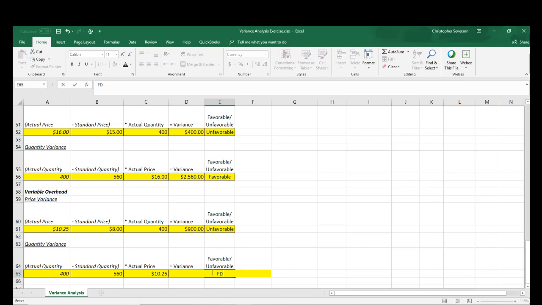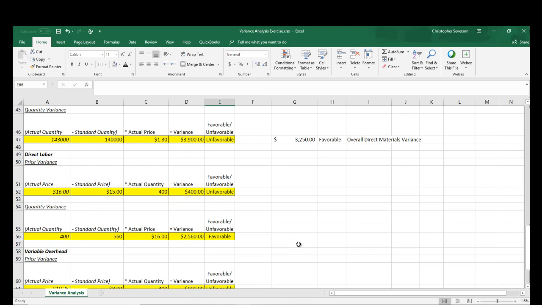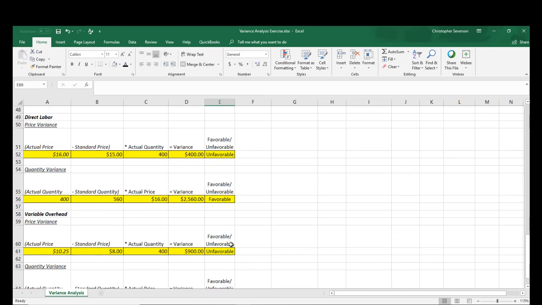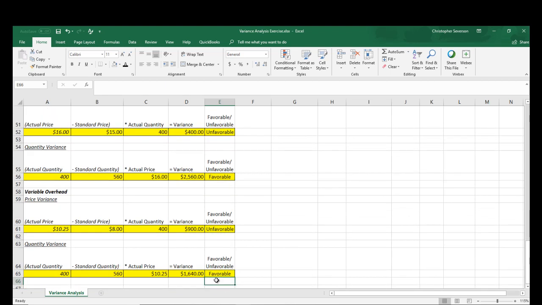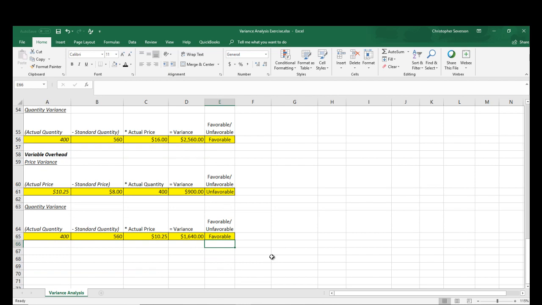It's going to be favorable. Now notice since in this particular situation, variable overhead is allocated based on the number of hours, just like direct labor, all of the signs are going to be the same way. The only difference, of course, will be the ultimate amounts because the price itself was different. But the signs, the direction, if you will, will be the same.